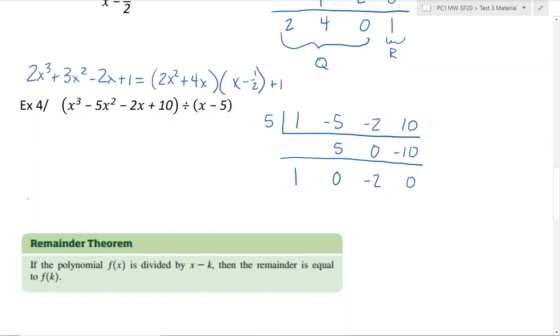So again, I know that my x cubed minus 5x squared minus 2x plus 10 is equal to x minus 5 times x squared, there are no x's, and a minus 2, and no remainder. So this goes in evenly.